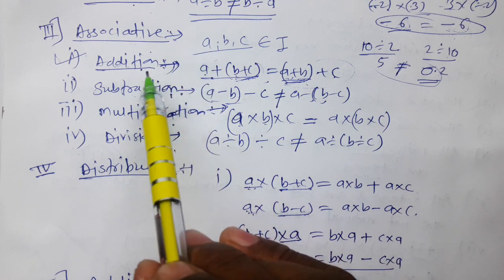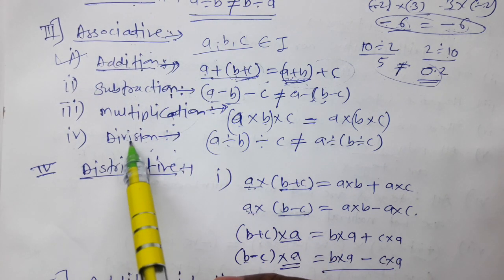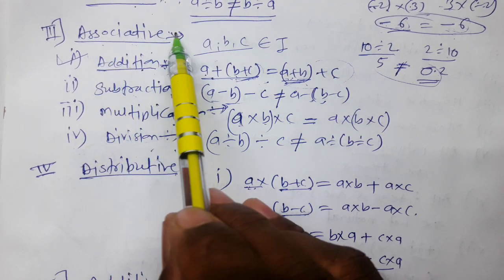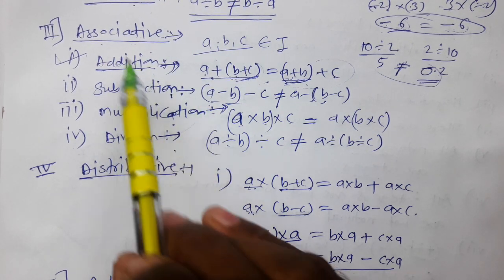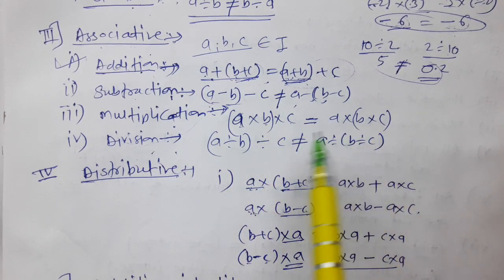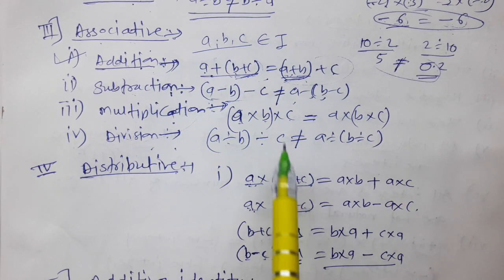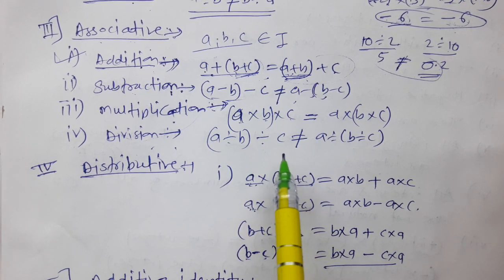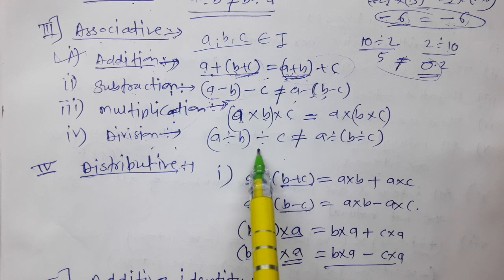In both the cases, all these results are the same. Hence, addition of integers is associative, subtraction of integers is not associative, multiplication of integers is associative, and division of integers is not associative. You may take the numbers and check the results.